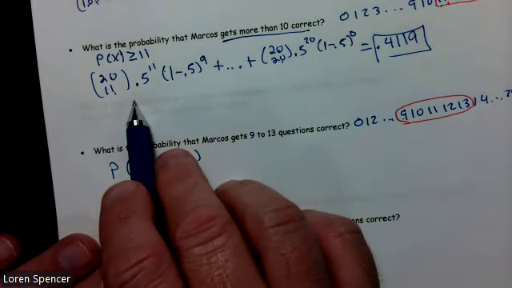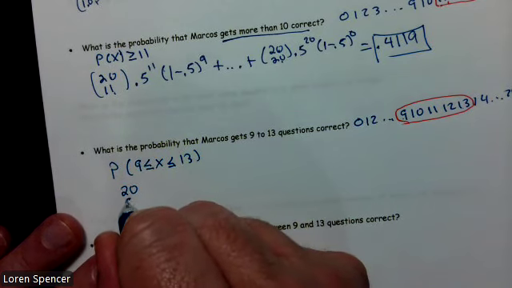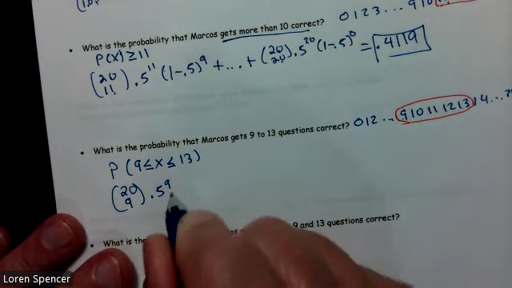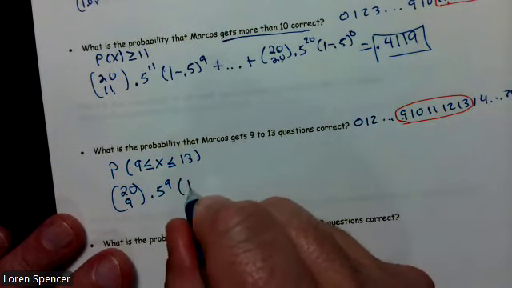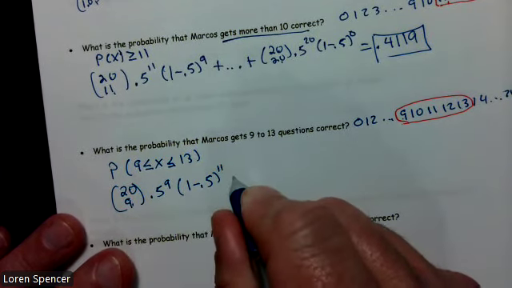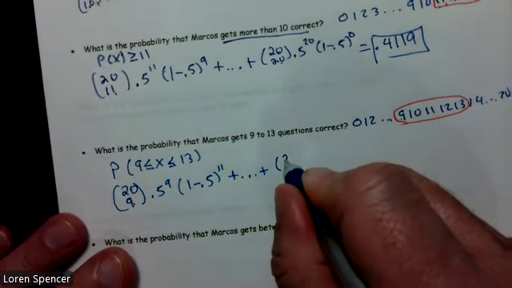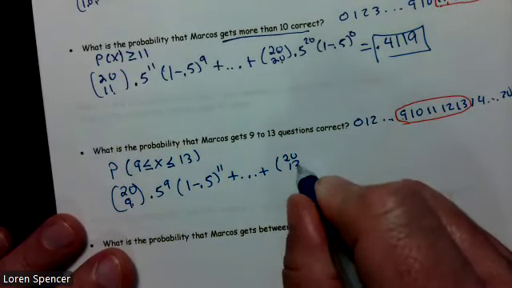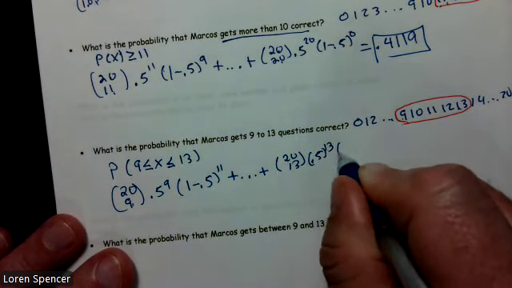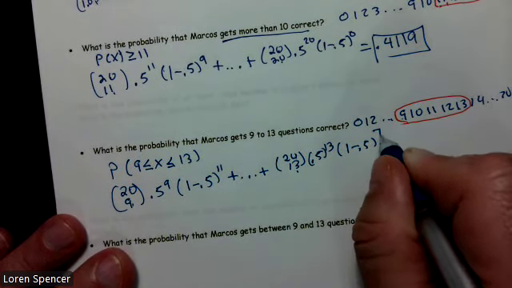But showing my work is still the same as what I've done before. I'm going to have 20 choose 9, 0.5 to the 9th power, 1 minus 0.5, 20 minus 9 is 11, plus... 20 choose 13, the highest value circled was 13, 0.5 to the 13th power, 1 minus 0.5, and 20 minus 13 is 7.